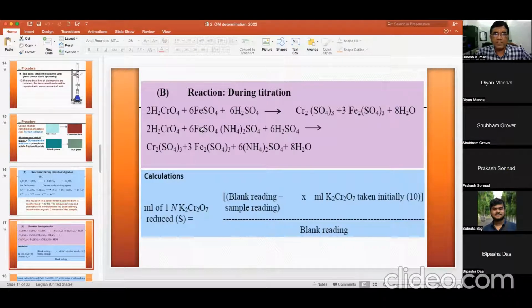You have seen, if ferrous ammonium sulfate is the titrant, then you will get products as chromic sulfate, ferric sulfate, ammonium sulfate and water, and also the end point. So you can see the chocolate color. It should be visible now. I think you should be able to see. So this is when you use ferroin indicator. Is it visible, chocolate color?